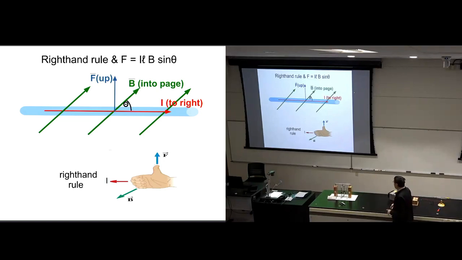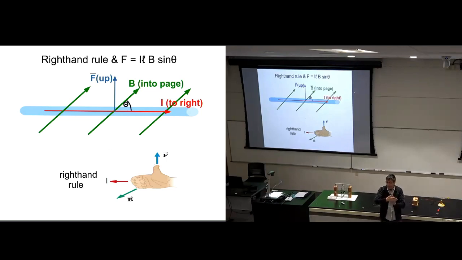Just to show you an example on this sketch here, I tried to sketch a current that's flowing left to right in red here, a field that's going in towards the screen in green there. What's the direction of the force on that current carrying wire? Use the right hand rule again.